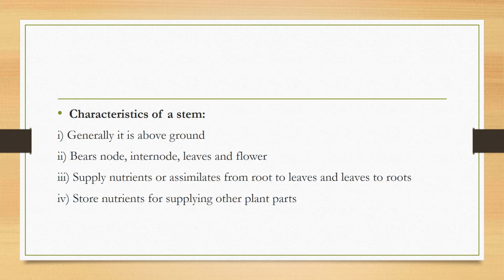Okay, so let us know some characteristics of a stem. It's generally above ground. Generally, that means some types of stems may get modified to be inside the ground or under the ground. Okay, but generally it's above.